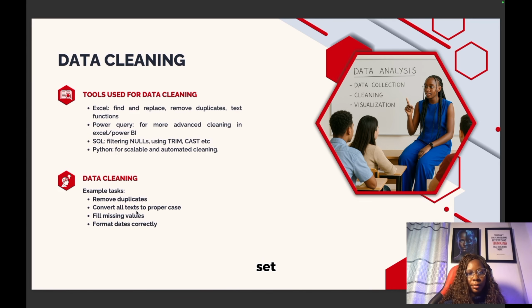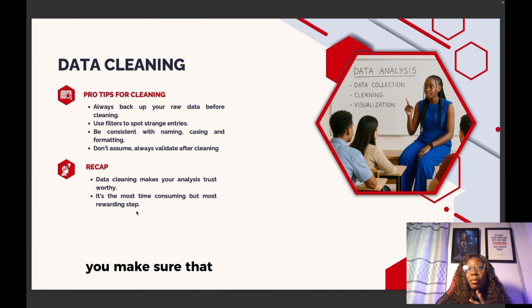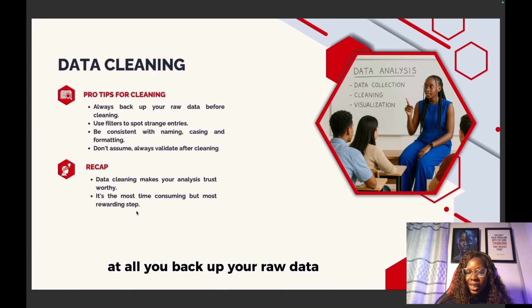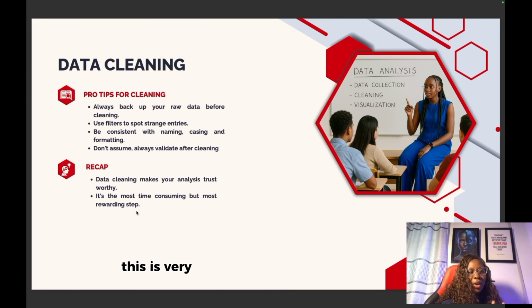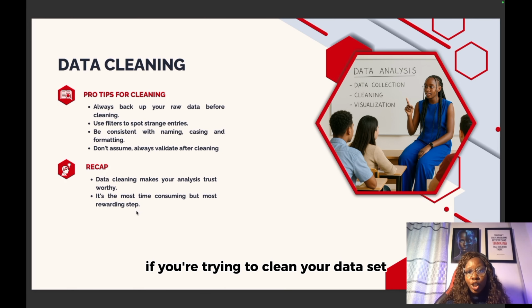So here are some of the pro tips for cleaning. Before you start cleaning your data at all, you back up your raw data. This is very important because as a beginner, if you're trying to clean your data set, you might make a mistake that you will not be able to undo. So this is very, very important.